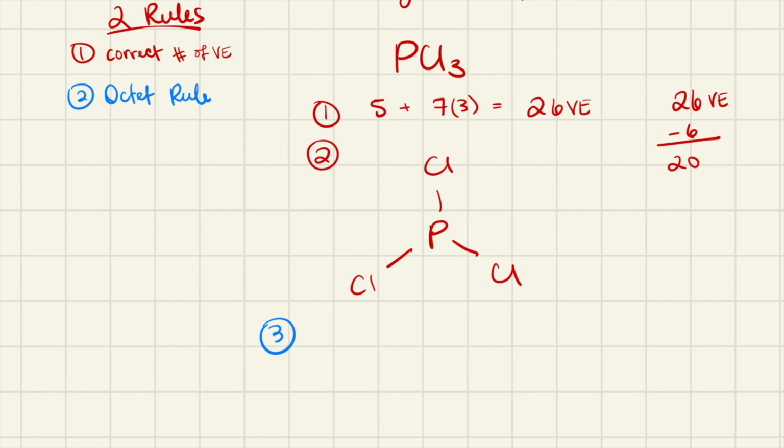Now, there are some octet exceptions. I want everybody to know that hydrogen likes to have 2 electrons associated with it. Another very common one that shows up on exams is boron. Due to its number of orbitals in its valence electron shell, it can only have 6 electrons associated with it.